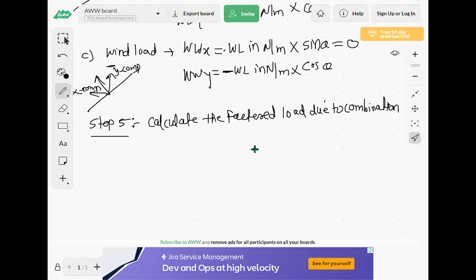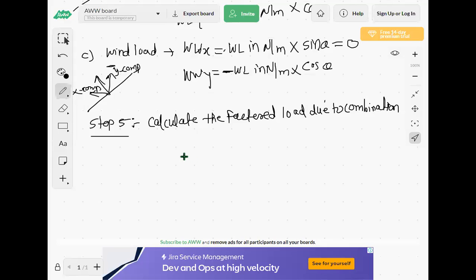So there are 3 types of load coming on this purlin: dead load, live load and wind load. We have taken the components here: WDX, WDY, WLX, WLY, WWX and WWY. So these are all 6 components, X and Y components. Now we have to calculate the factored load due to combination.